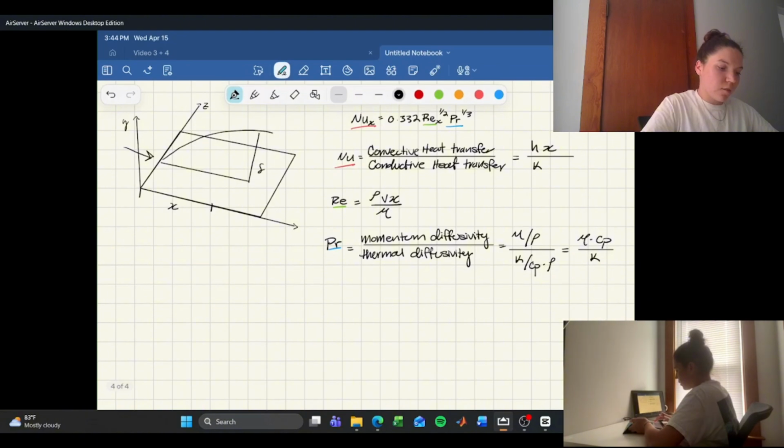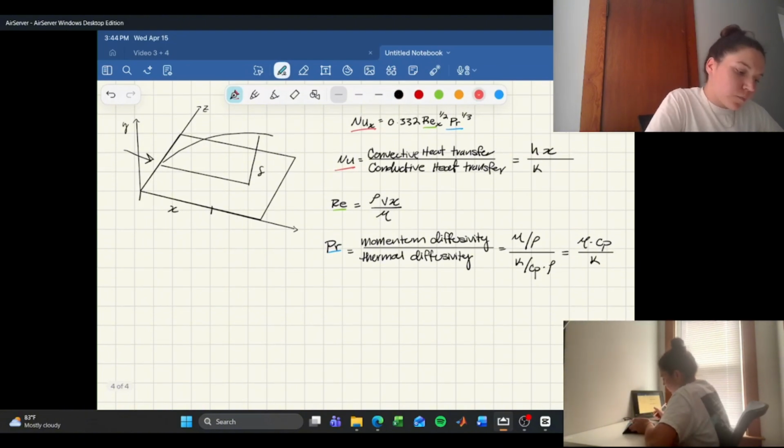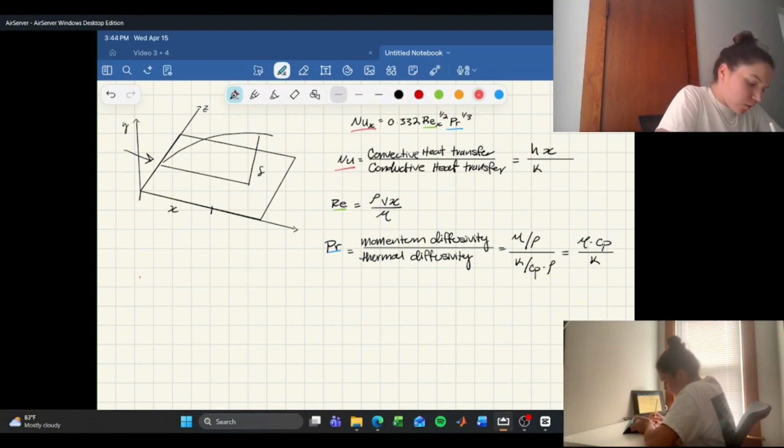Okay, so we can plug these values in for the Nusselt number, Reynolds number, and Prandtl number in this equation up here. So we have our convective heat transfer coefficient times the length over the thermal conductivity going to be equal to 0.332 times the Reynolds number, which we said is density times velocity times length over the viscosity, to the 1/2.